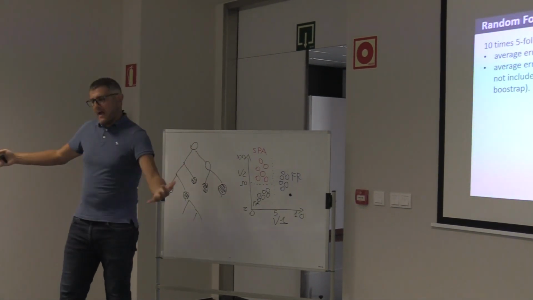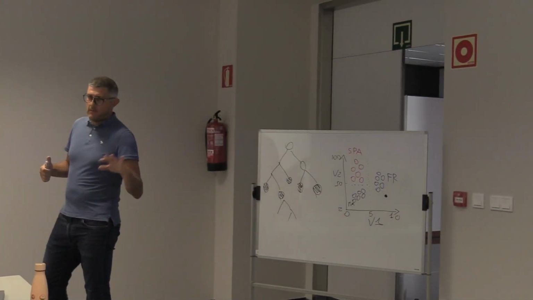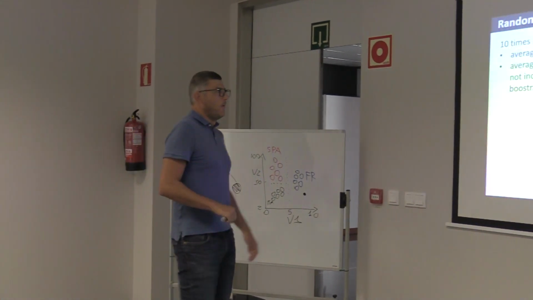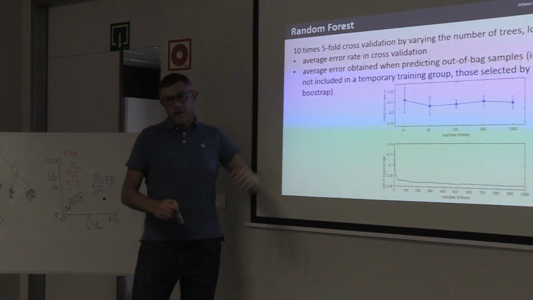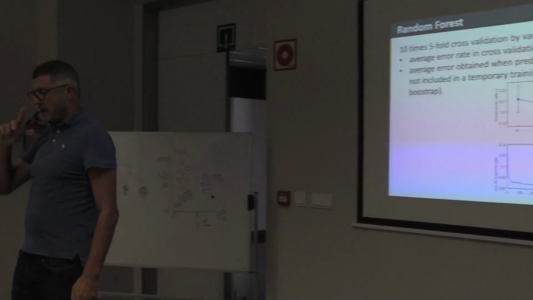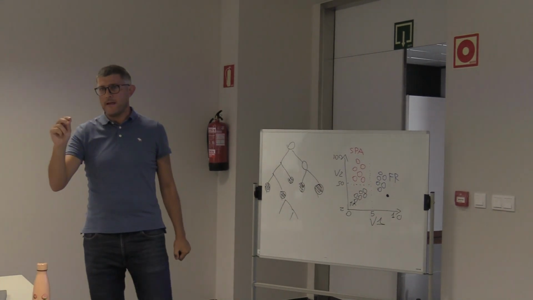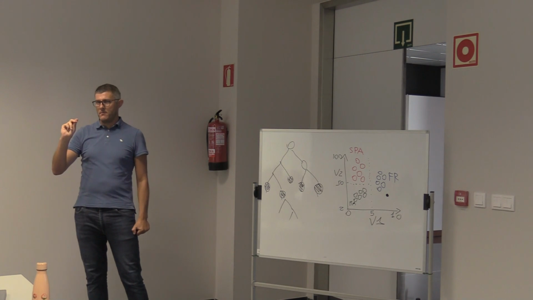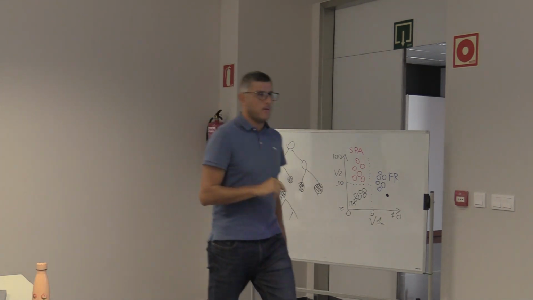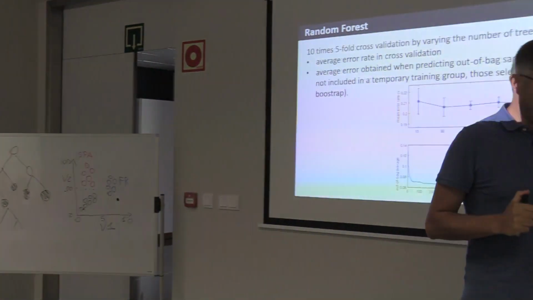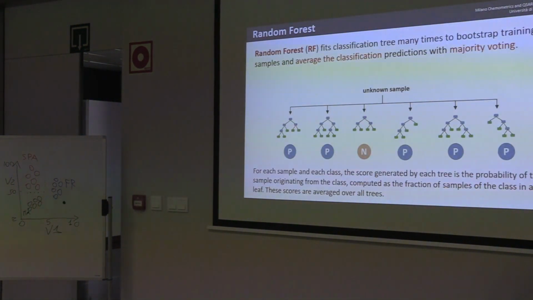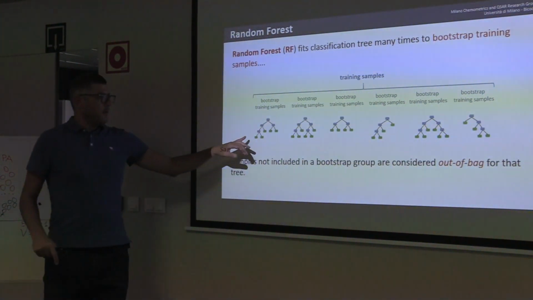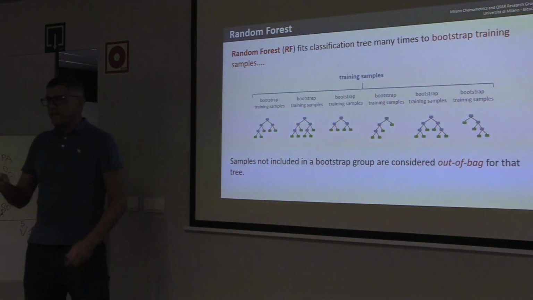This is how I try to do optimization in an automatic way. Every time you run a random forest, the results you get are not always exactly the same, because it's not like PLSDA.